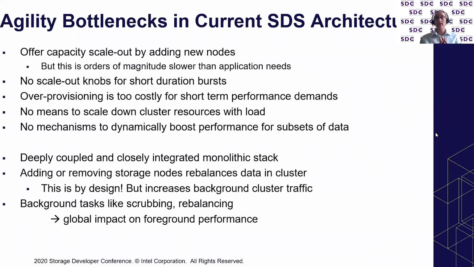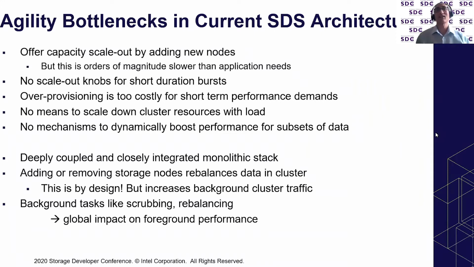There are lots of designs out there where you can add nodes as you desire more capacity, and this works really well. But adding a node to meet the agile demands of elastic applications is not really met by this knob, because this is orders of magnitude slower than what the application needs. There are no scale out knobs for short duration bursts.